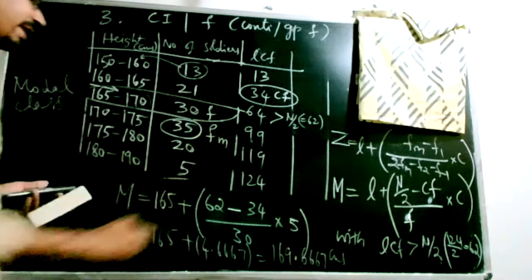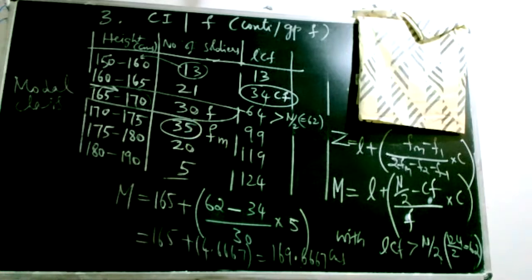Mode is the most repeated value. The more the repetition, the higher the frequency will be.